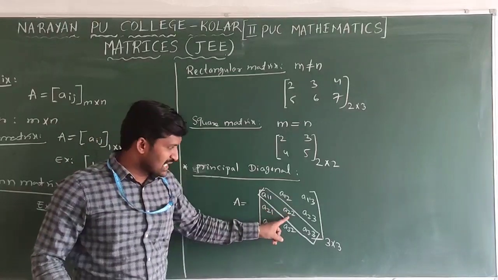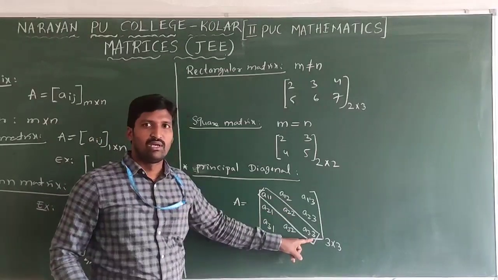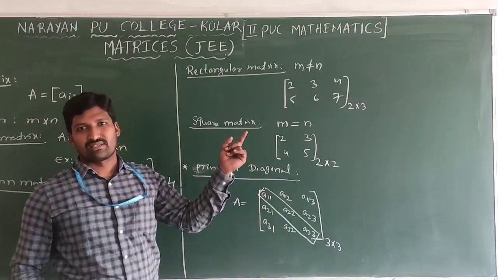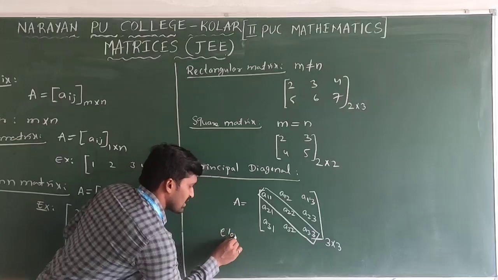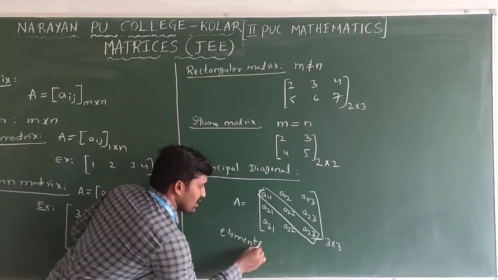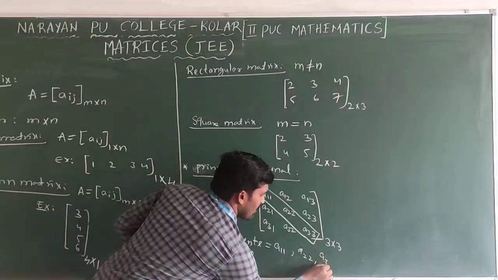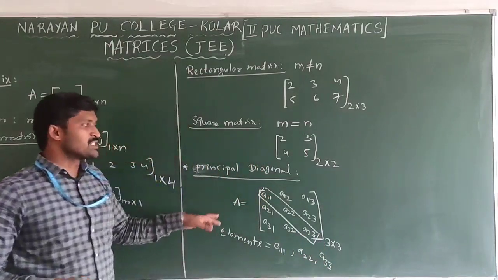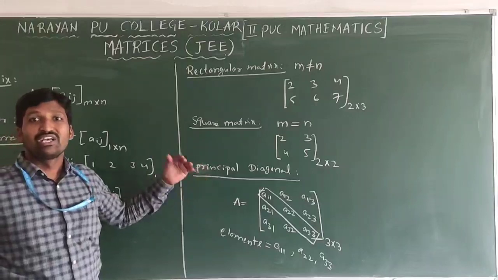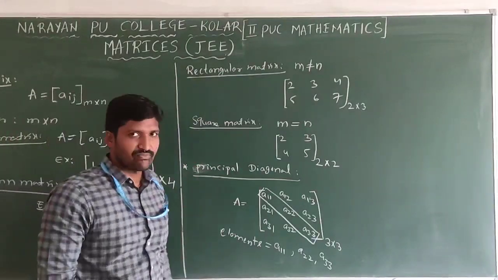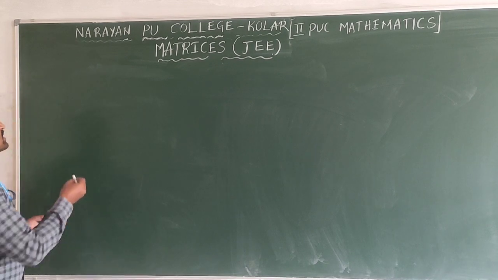First row first column, second row second column, third row third column. These elements we call principal diagonal elements. So the principal diagonal elements are A11, A22, A33. This principal diagonal is possible only for square matrices, not for rectangular matrices. Let's come to the next one.